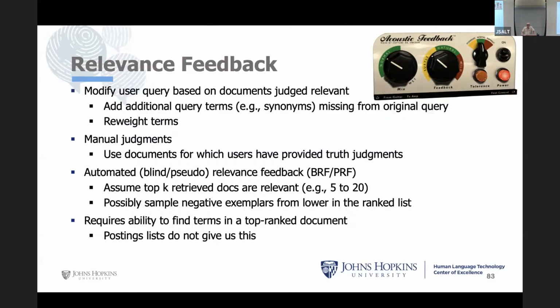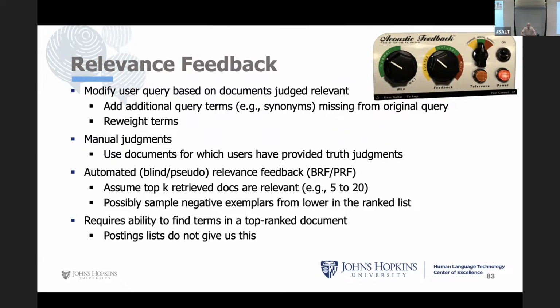And there are two kinds of IR researchers, those who believe in users and those who do not. Mostly the folks who don't believe in users because it's inconvenient for them to think about users. So what you can do is what's called automated relevance feedback, or it's also called blind relevance feedback or pseudo relevance feedback.